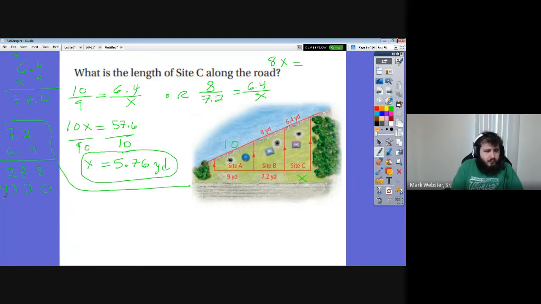Two decimal places, 8, 0, 46.08, and then we're going to divide that by 8. Yeah, that seems about right.